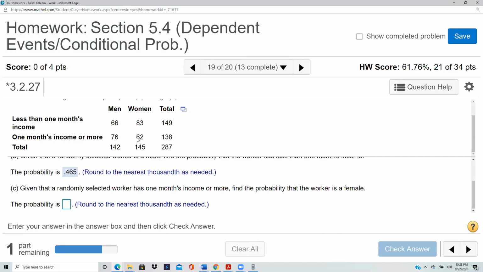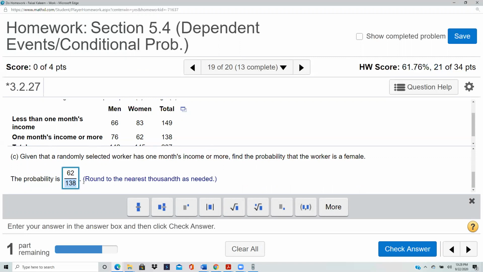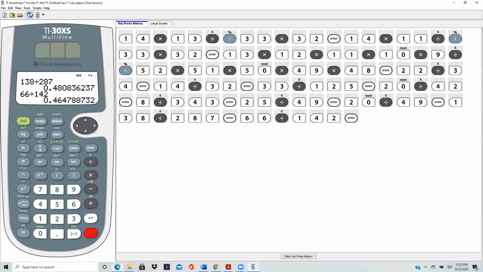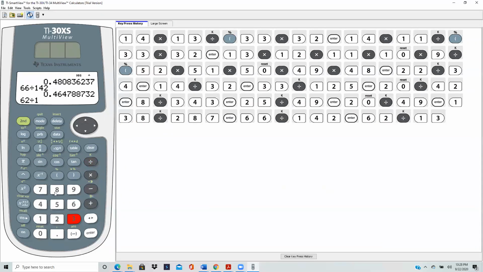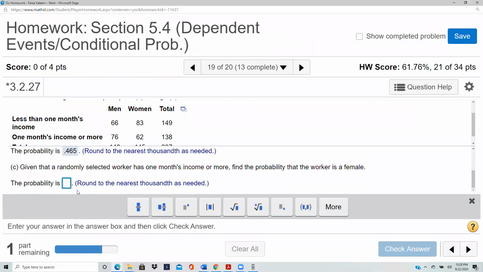So in the second row, we have 62 females, and the total is 138. So 62 divided by 138 is 0.449.